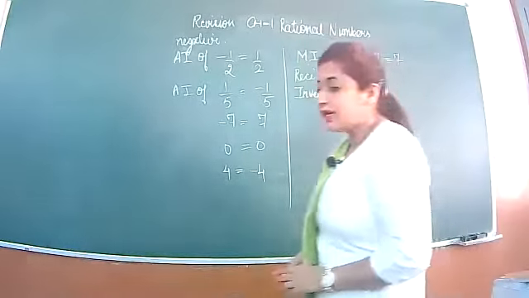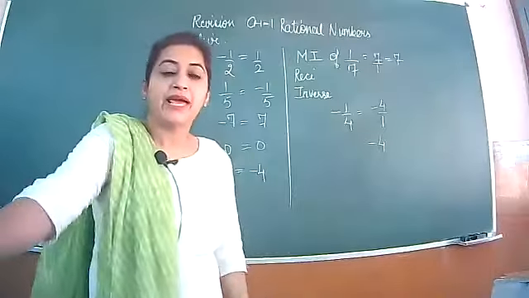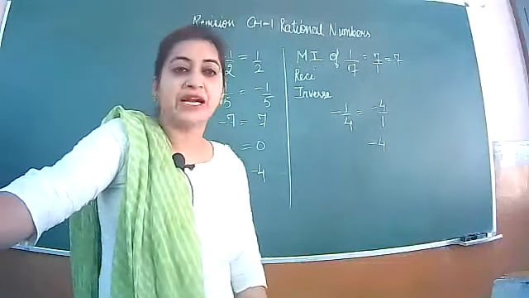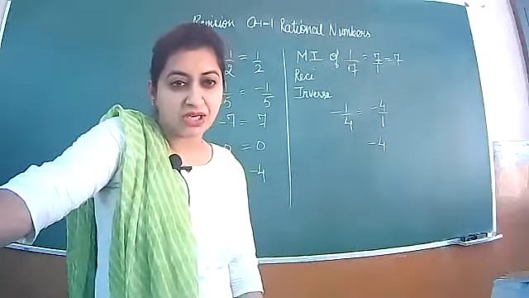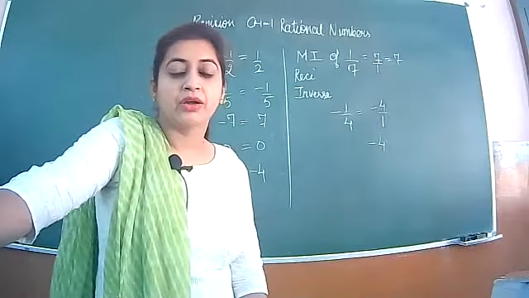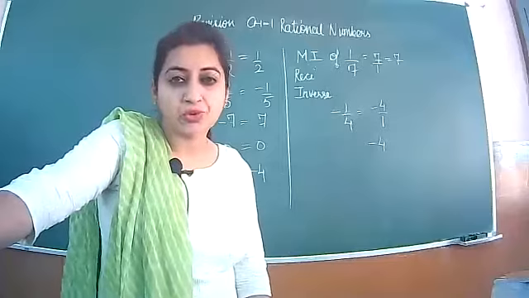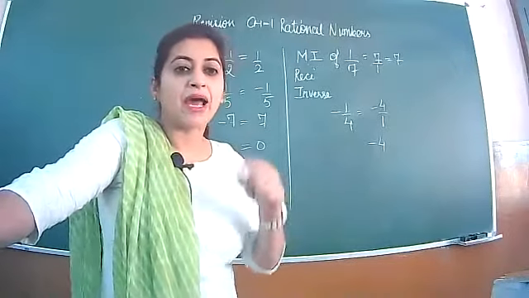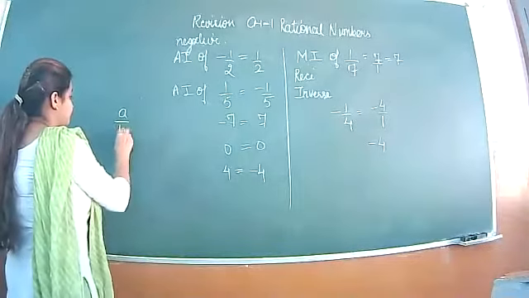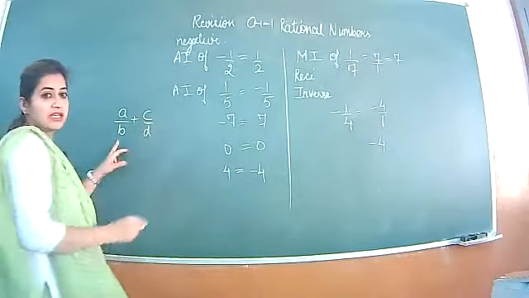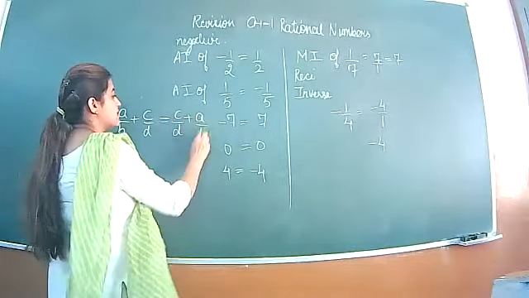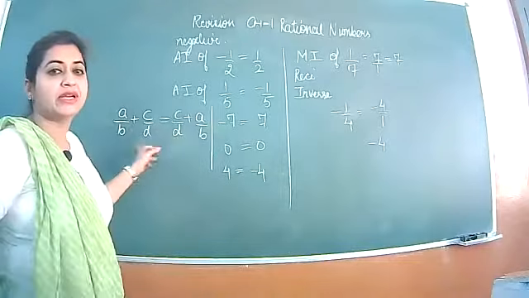Now write down. Is addition commutative? Is addition of rational numbers commutative? It means that if you take two rational numbers, A by B and C by D, then A by B plus C by D will be the same as C by D plus A by B. It means order doesn't matter.